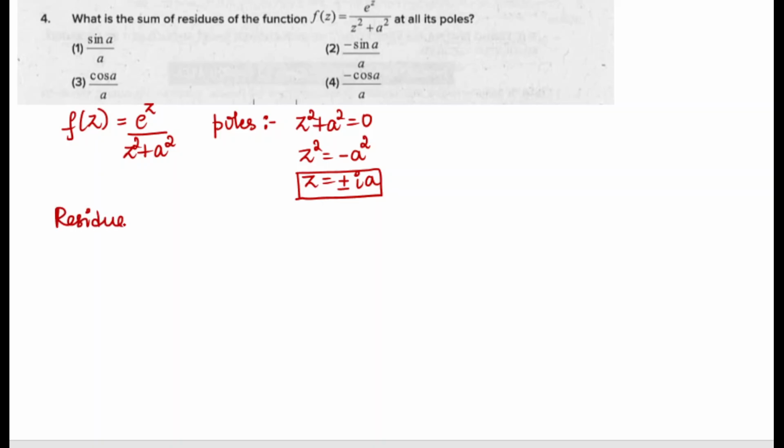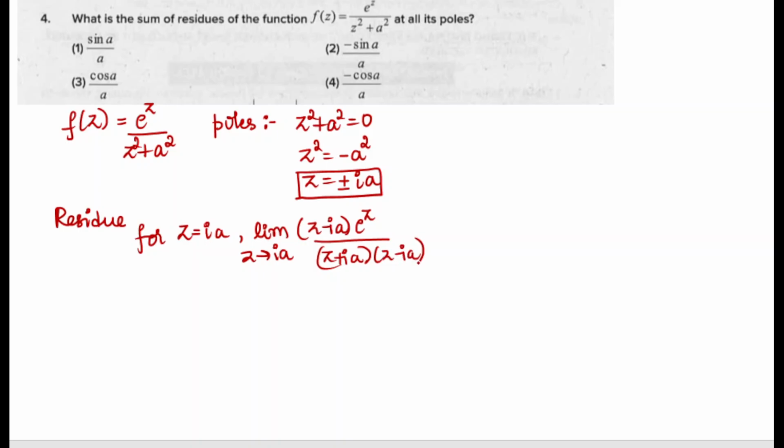How to find the residue? For z equal to ia, limit z tends to ia, z minus ia into e to the power of z divided by z square plus a square. Z square plus a square will be z plus ia into z minus ia, right?